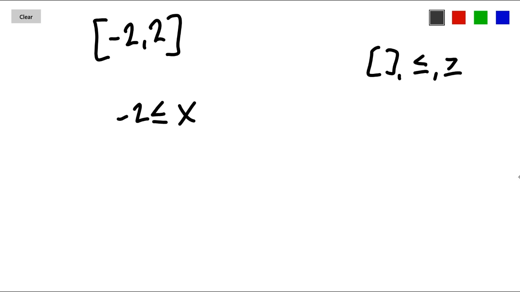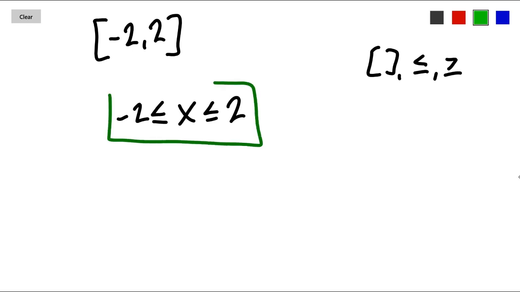And I also know that x is going to be less than or equal to 2 because 2 is the greater bound, and it's also represented with a bracket. So I'm going to use the less than or equal to symbol for this. And this is what we would call a bounded interval because we have two real numbers in which x is in between that represents the interval, and there's no infinities to be found.